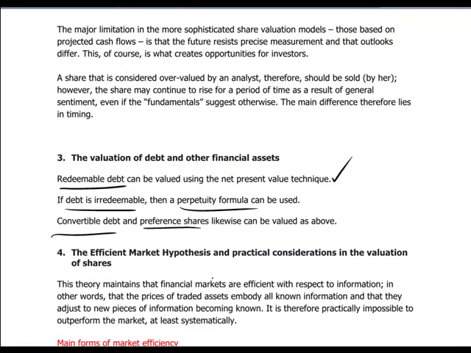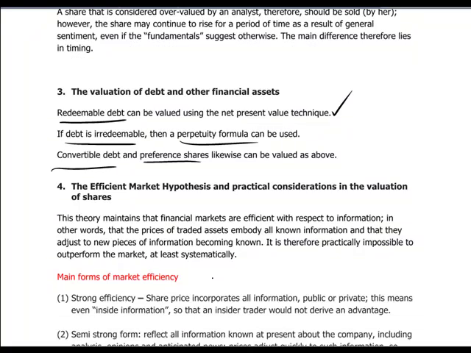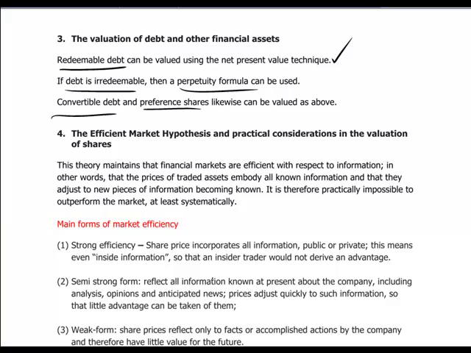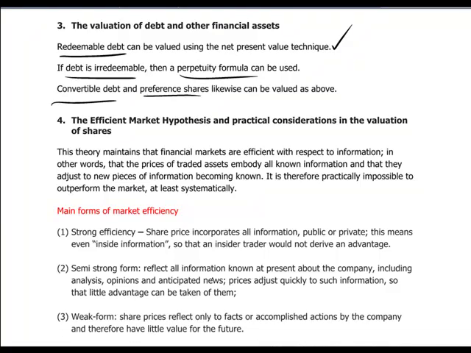The final idea or concept here in this chapter deals with the efficient market hypothesis, and this is theories regarding how strongly information that becomes known in the market is reflected in the price of a share.